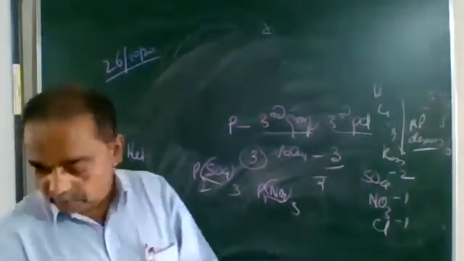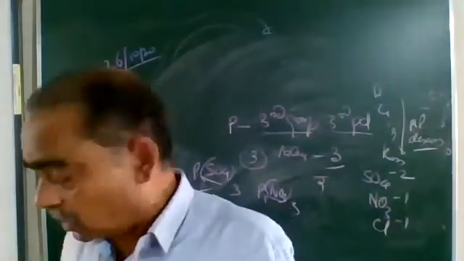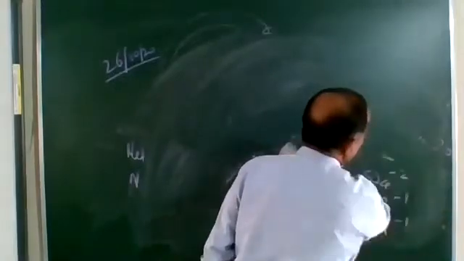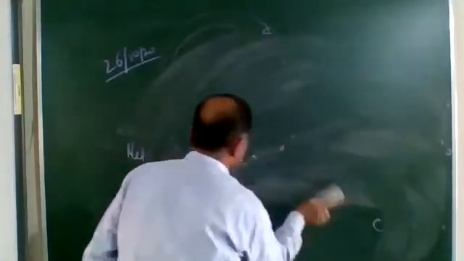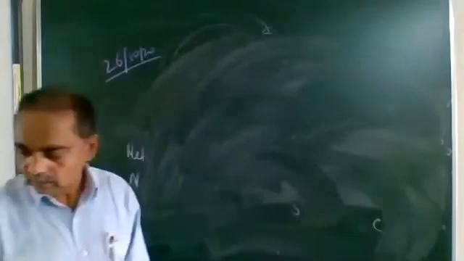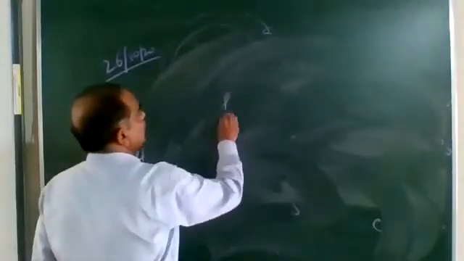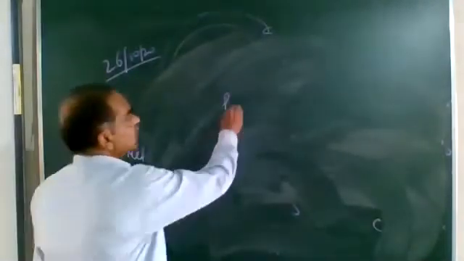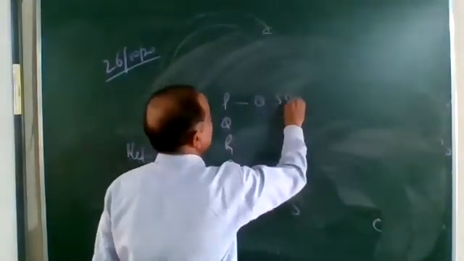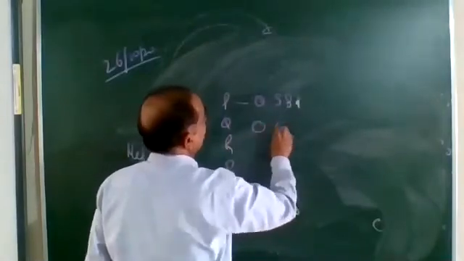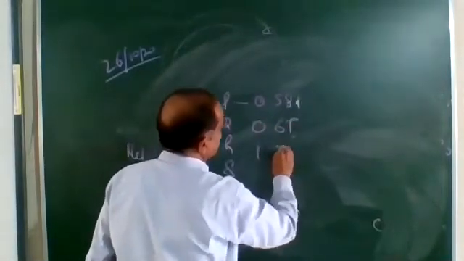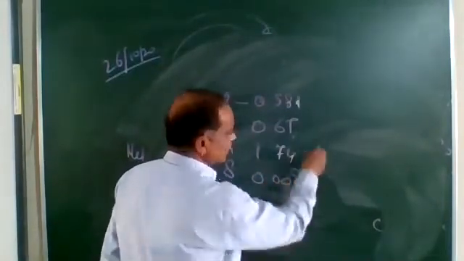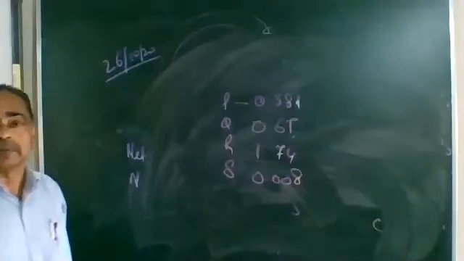Okay, the next question that is likely to be asked is, they may give you 2-3 elements and different data may be given on them. So for example, four elements P, Q, R, S are given, and their atomic radii are given as 0.58, 0.67, 1.74 and 0.008, with some unit.